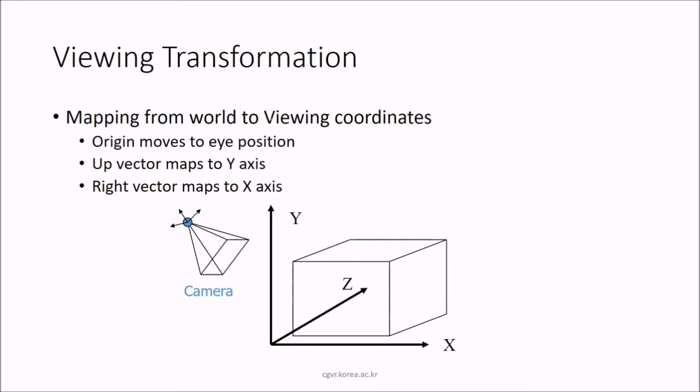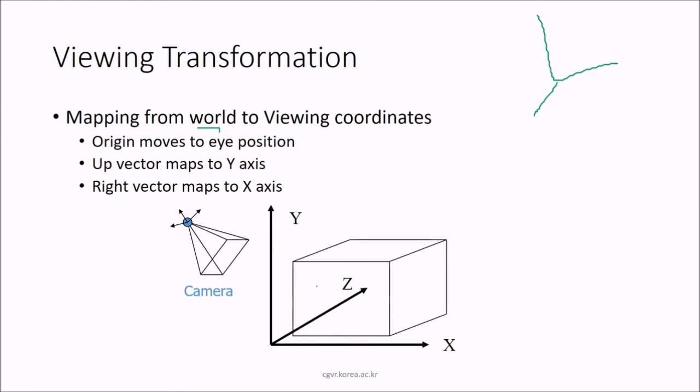So what is the viewing transformation? As we have just talked about the sequence of steps which are taken, what happens here? We are mapping from the world to the viewing coordinate. What we have is in world coordinates, and now we want to show it on our system or display. So first you have to convert it to some viewing coordinate, some x, y, z coordinate.